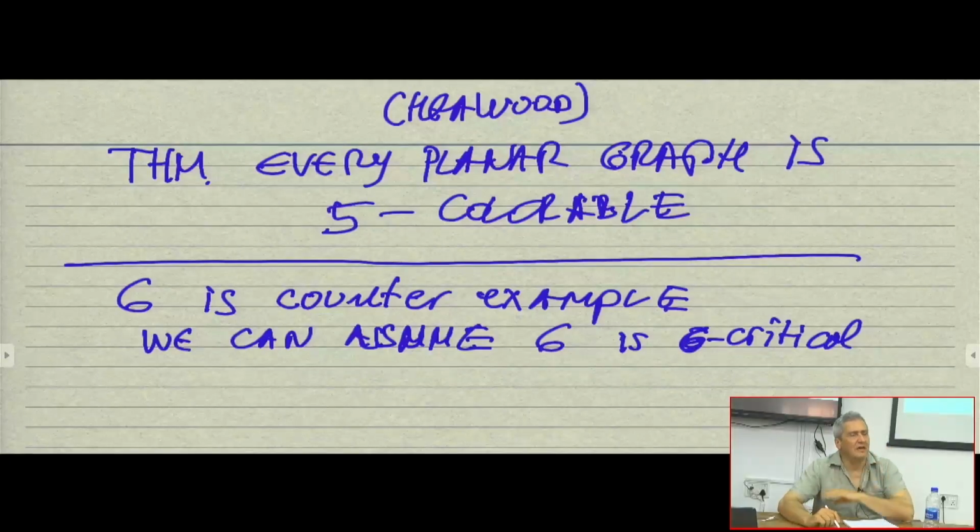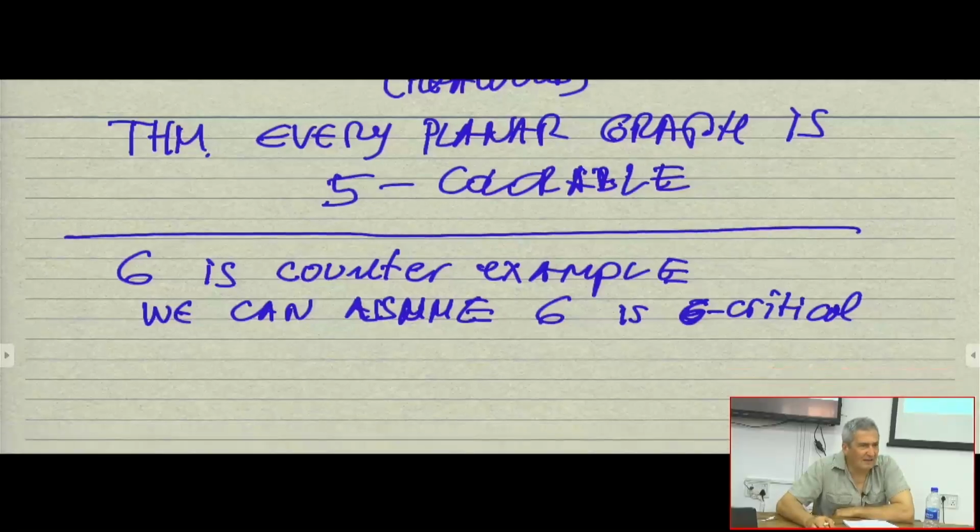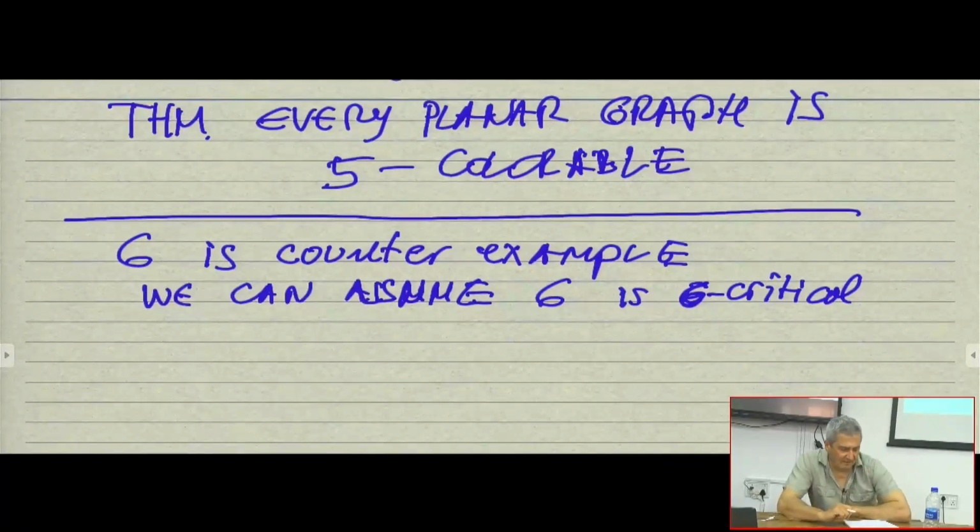So G is not 5 colorable, but every proper subgraph is 5 colorable. Yes. If our theorem is not true, then we will have such a graph.